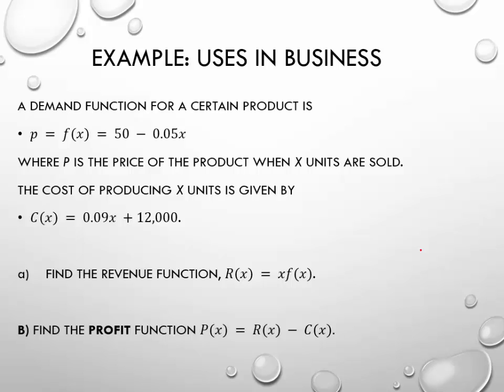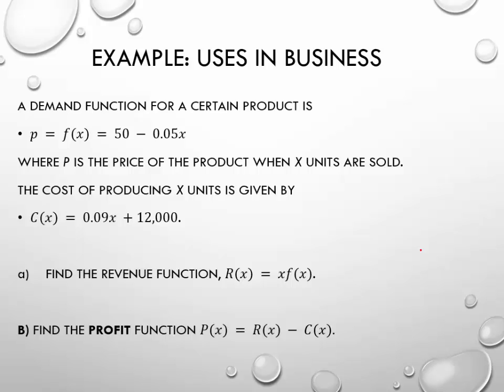It says a demand function for a certain product is P, which equals f of x, which equals 50 minus 0.05x, where P is the price of the product when x units are sold. The cost of producing x units is given by C of x, and that is 0.09x plus 12,000.